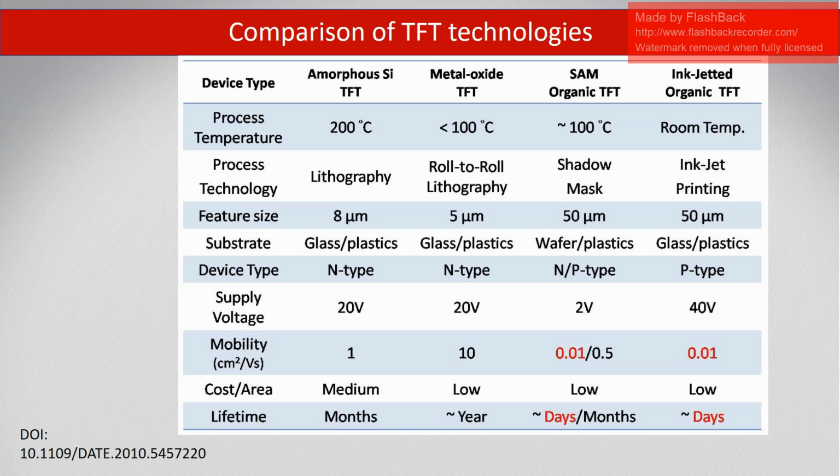SAM organic TFT uses shadow masking technology, while the metal oxide TFT uses roll-to-roll lithography. The feature size of the inkjetted organic TFT is 50 micrometers, while the amorphous silicon TFT is 8 micrometers.